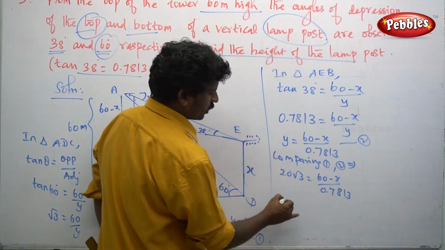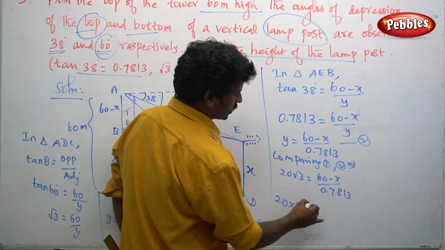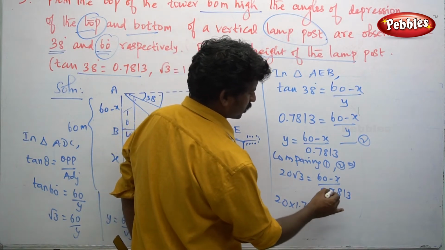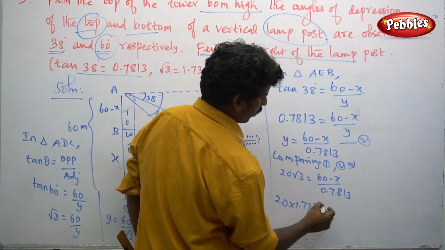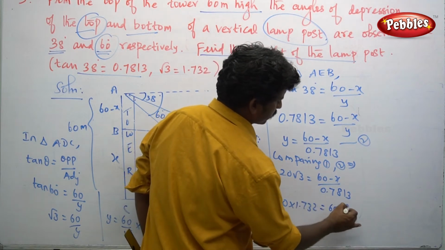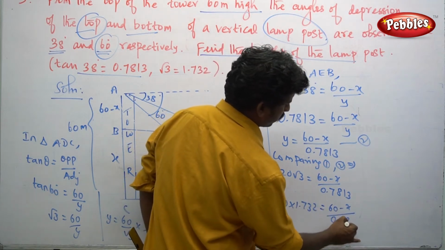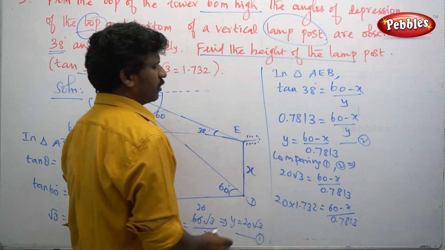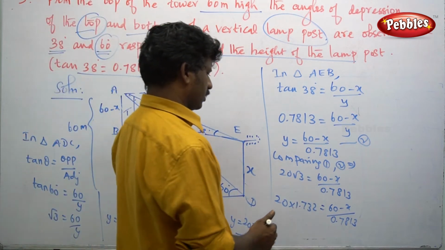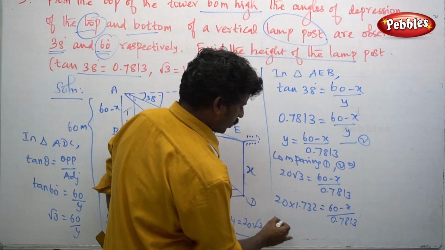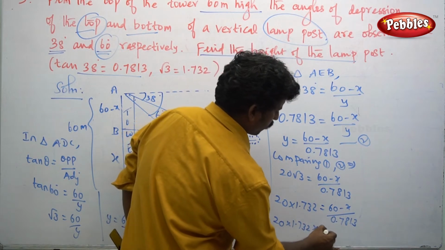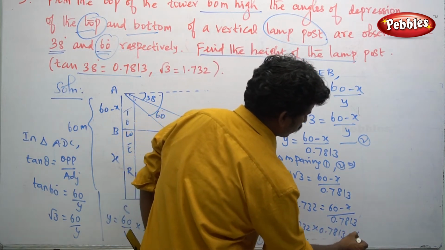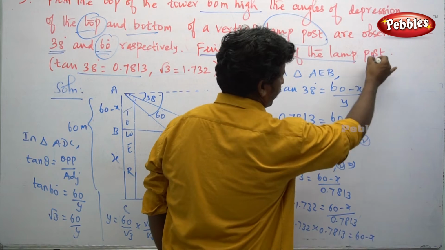Now 20 into the root 3 value 1.732 into this, இதை இங்கே கொண்டு வந்து மல்டிபிள் பண்ணிடலாம் இல்லையா, இல்லை அடுத்த ஸ்டெப்ஸில் கூட மல்டிபிள் பண்ணலாம், நோ ப்ராப்ளம். 60 மைனஸ், என்ன கன்ஃபியூஸ் ஆகக்கூடாது பாருங்கள், ரூட் 3யோட வேல்யூ நான் அப்ளை பண்ணியிருக்கேன், அவ்வளோதான், ரைட். ஸோ இப்போ 20 into 1.732 into this 0.7813 is equal to 60 minus x.